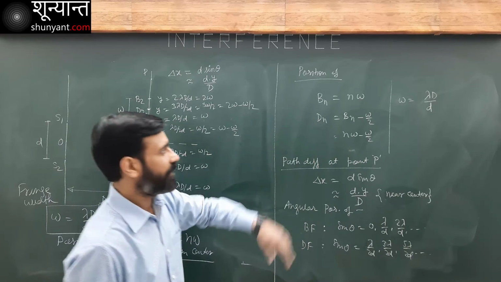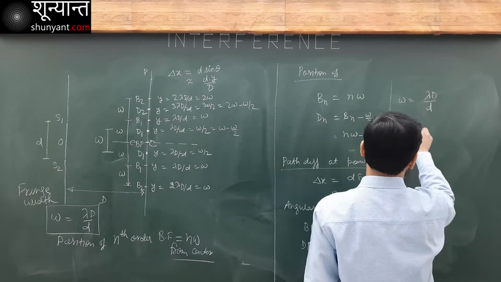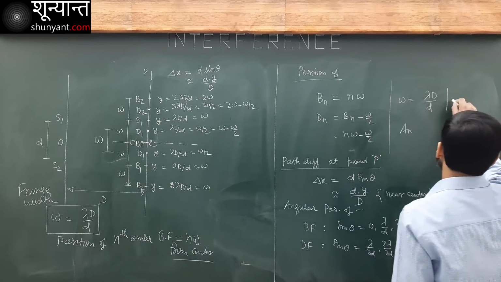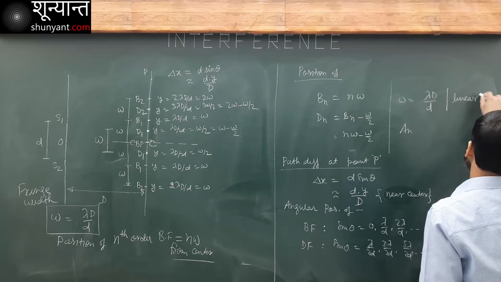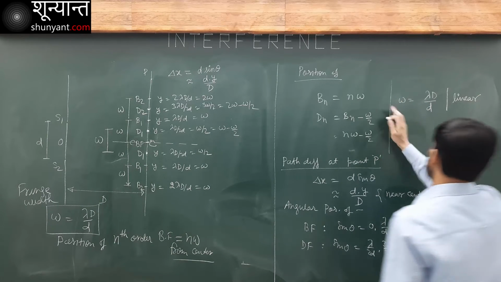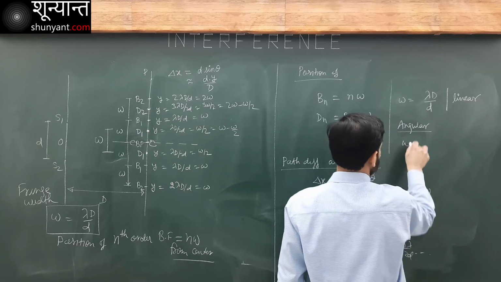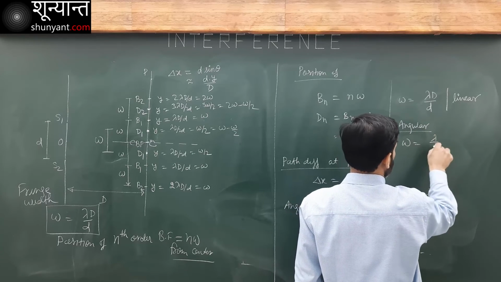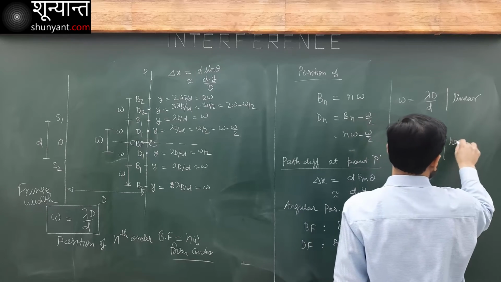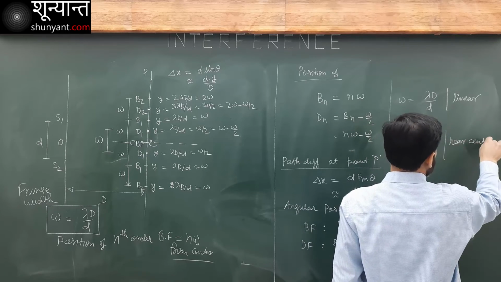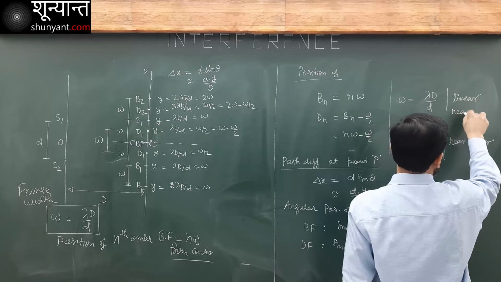The angular fringe width is equal to lambda over d, near center. This also is near center.